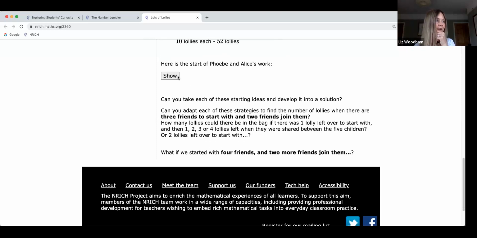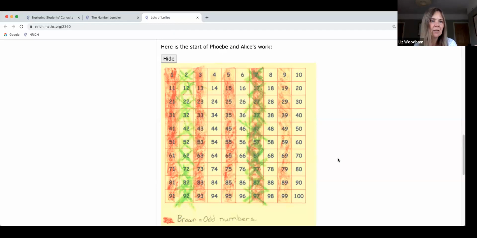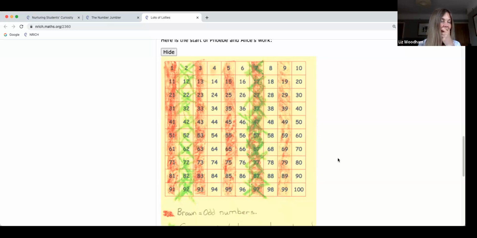Phoebe and Alice have done some nice recording here, and somebody mentioned possible other ways of recording. So here we've got a 100 square, and I'm not sure how clearly you'll be able to see this, but they have shaded in a browny red colour all the odd numbers, and on top of that they've hashed in green the numbers that give 2 left over when shared between 5.